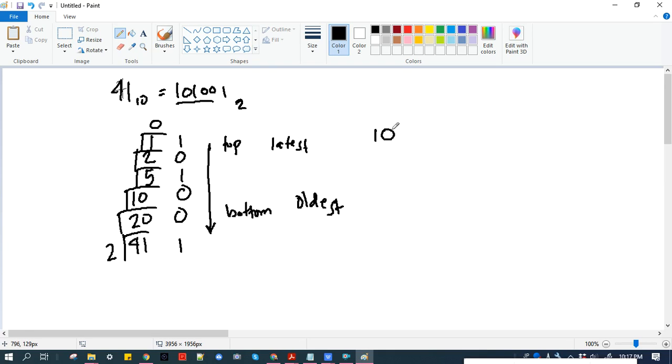So that's 101001 base 2. That's another way, which is practically the same, it's just that you write it this way. Another way of converting from decimal to binary.